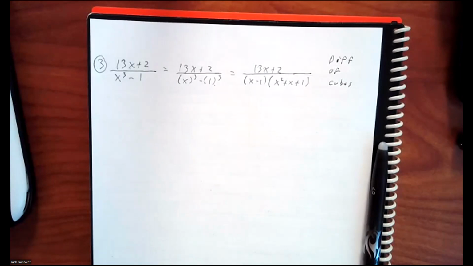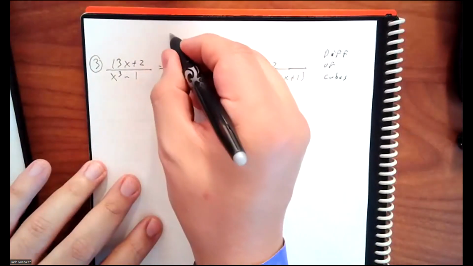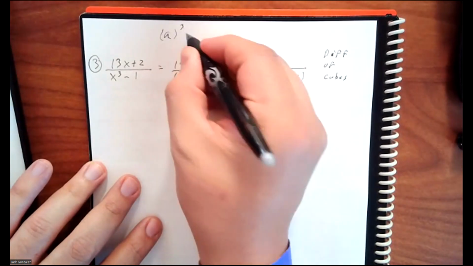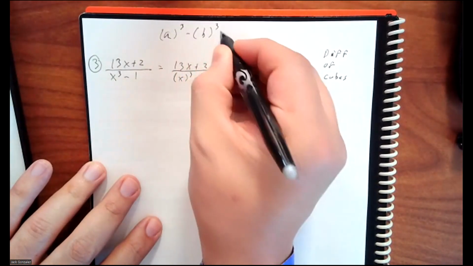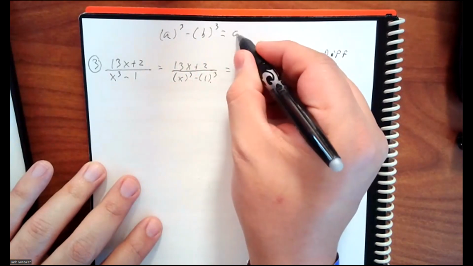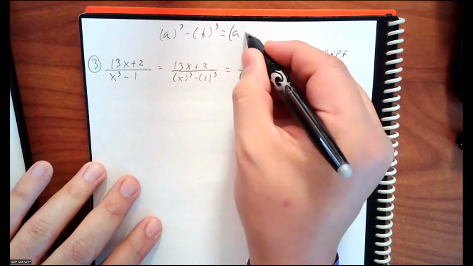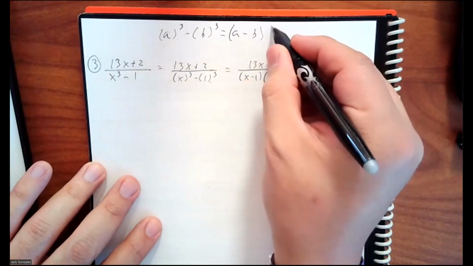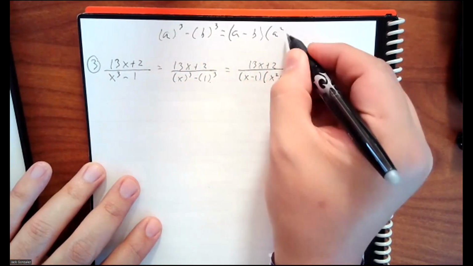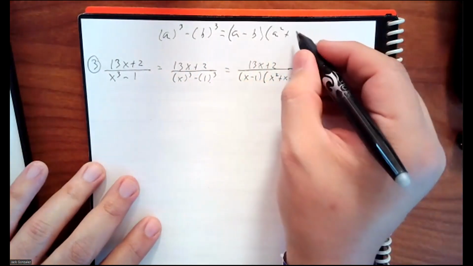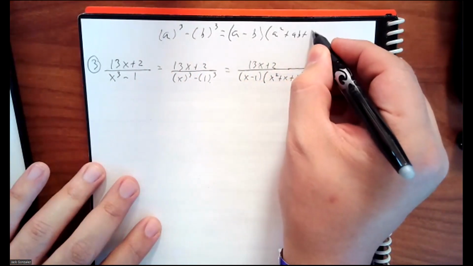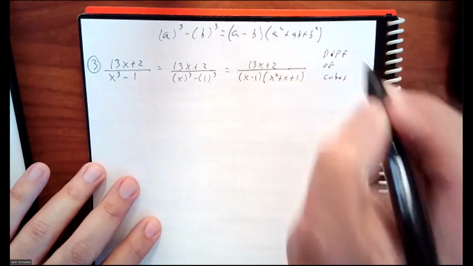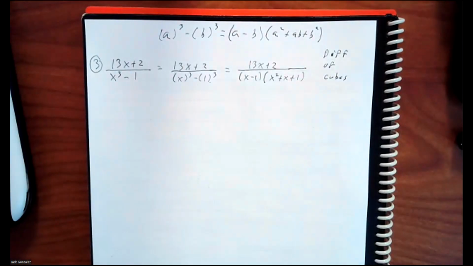Is that all right? Is that clear or no? I'll write the formula up here. Something cubed minus something else cubed is equal to that something minus the other one, times a squared plus ab plus b squared. Okay.